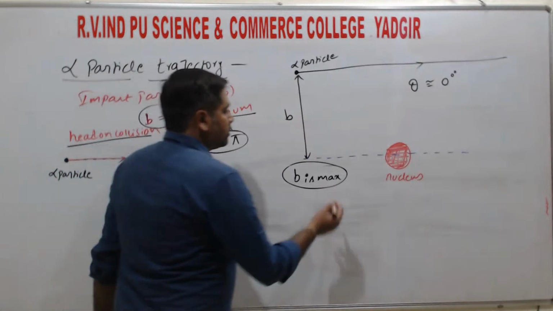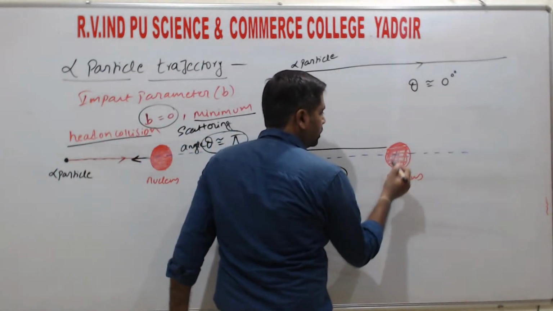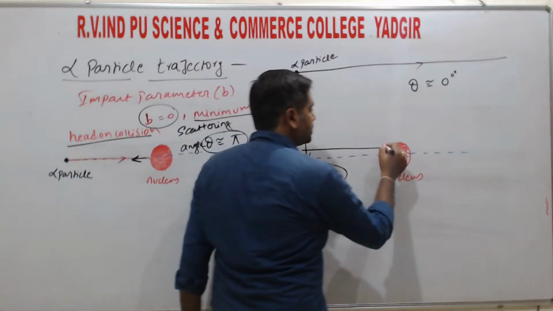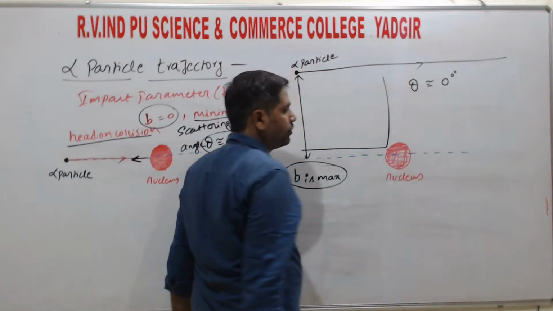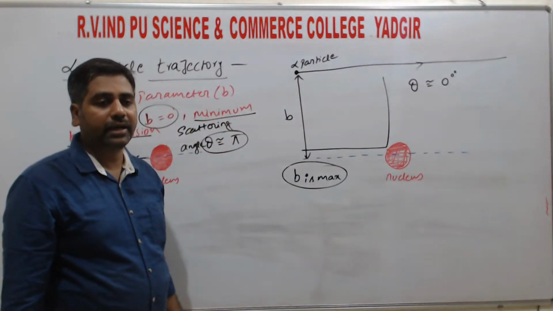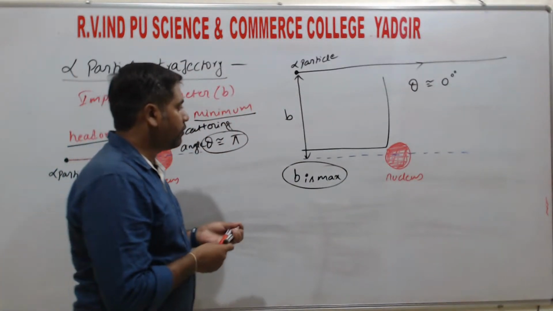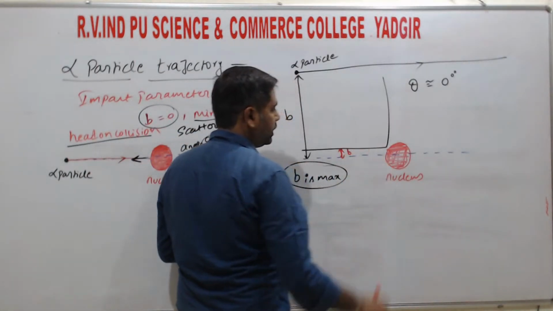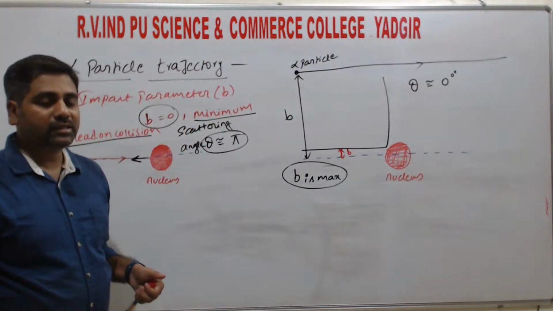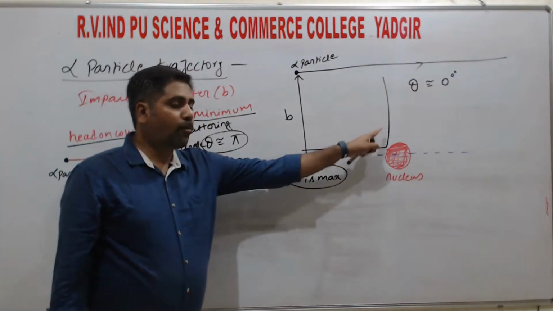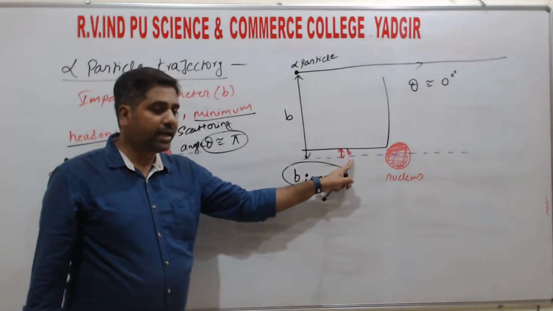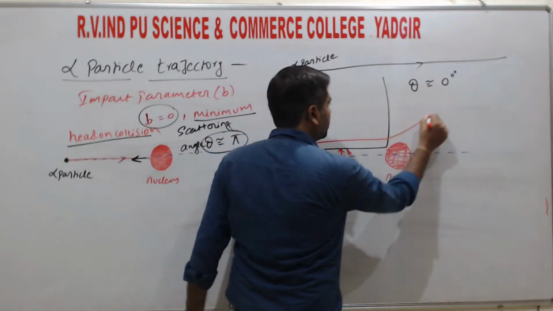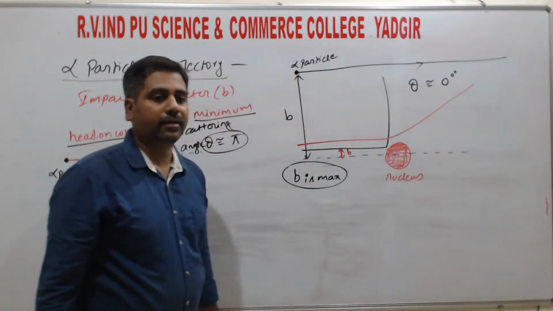So in between, somewhere here, if the alpha particle collides with this nucleus, then it deviates like this, making an angle of 90 degree. Right? So this one is the impact parameter b. From this we say that the trajectory of the path followed by the alpha particle directly depends on b.